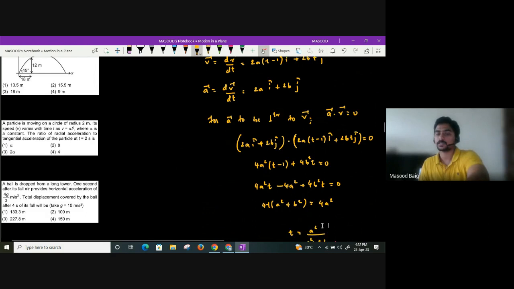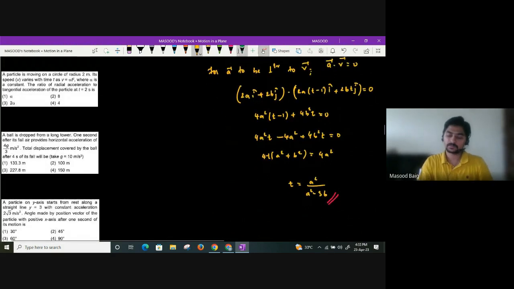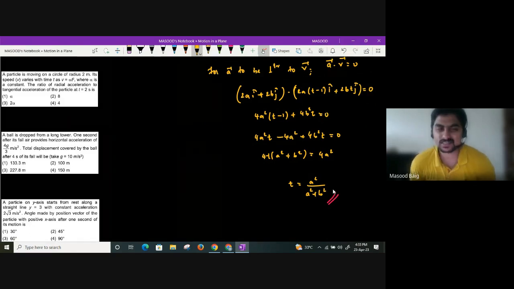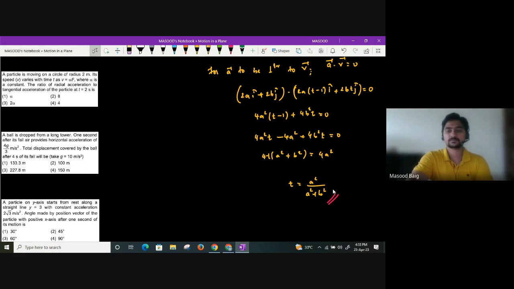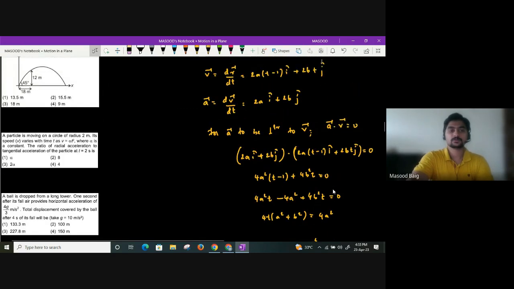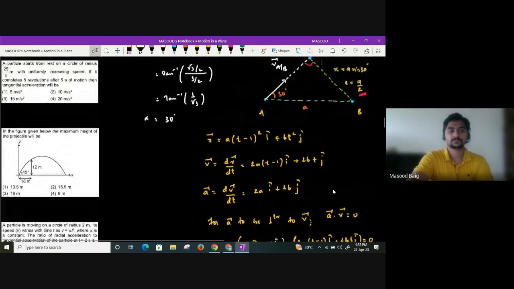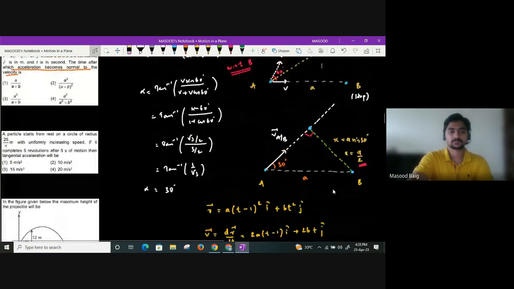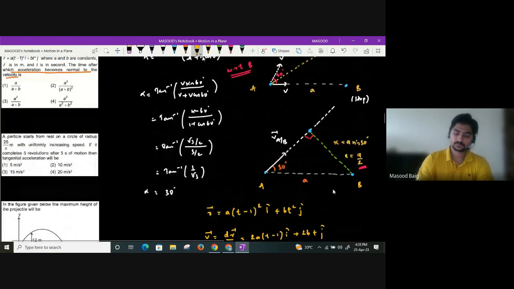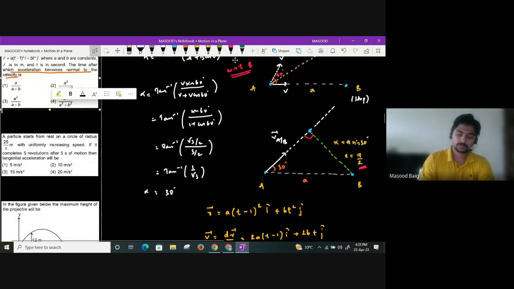So you'll get the time as a square divided by a square plus b square. This will be the time after which velocity and acceleration will become perpendicular to each other. Understood all of you? Yes or no? A square divided by, how much did we get? A square plus b square.